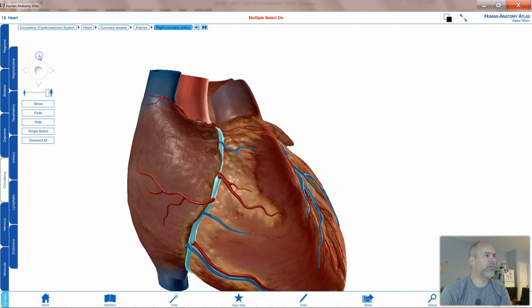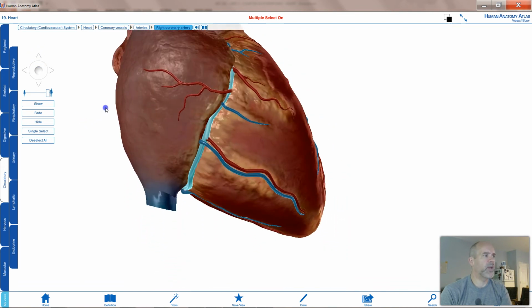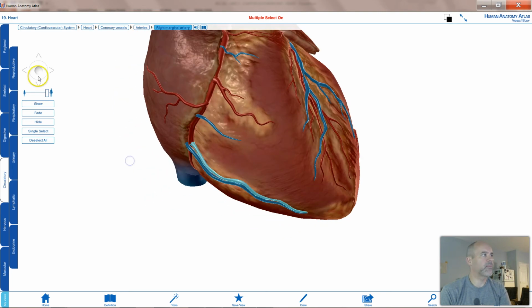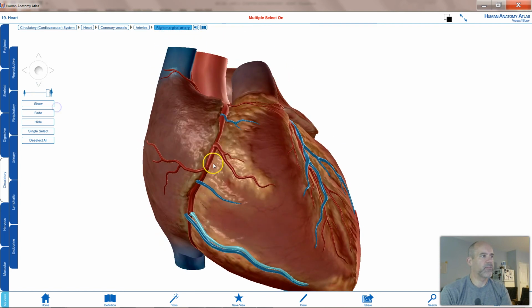Now you do have a couple of major branches off the right coronary artery that you need to know. Let me deselect that one. Right there, that one's called the right marginal artery, so you need to be able to identify that one.